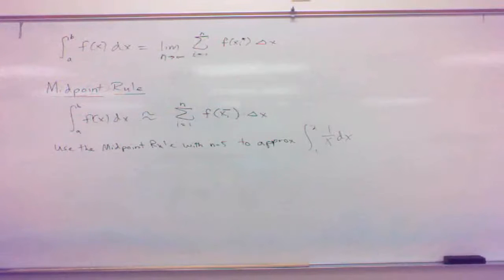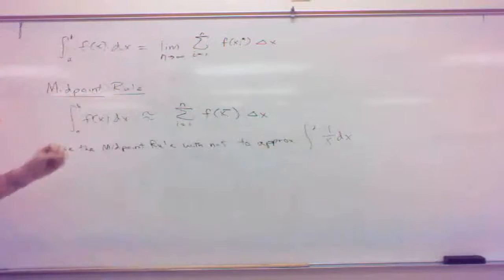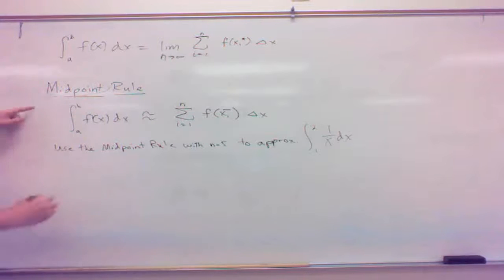Well, we're kind of stuck in a rut here. We'll get out of it today, but we're doing the same thing. I'm just going to approximate this integral, because this integral is the area under the curve from 1 to 2 with the rectangles. And midpoint rule just says use midpoints.